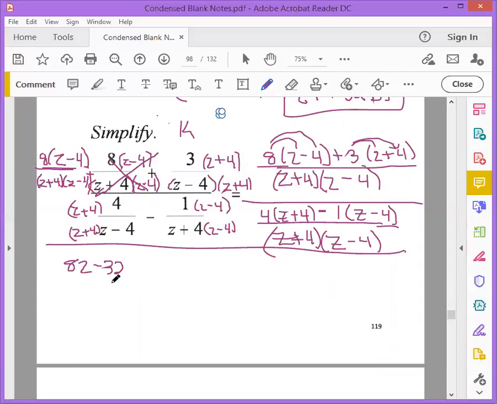And then 3 times z would give us 3z, it's positive, so plus 3z. And then 3 times 4 will give us plus 12. Divided by that common denominator, which are factors z plus 4 and z minus 4.